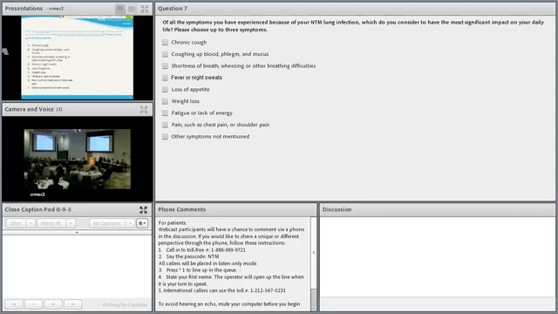A, chronic cough; B, coughing up blood, phlegm, or mucus; C, shortness of breath or other breathing difficulties; D, fever or night sweats; E, loss of appetite; F, weight loss; G, fatigue or lack of energy; H, pain such as chest pain or shoulder pain; or I, other symptoms not mentioned. And again, for those of you on the web, you can answer through the webcast.